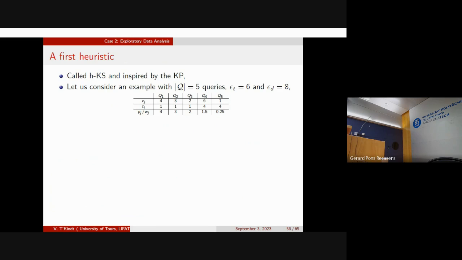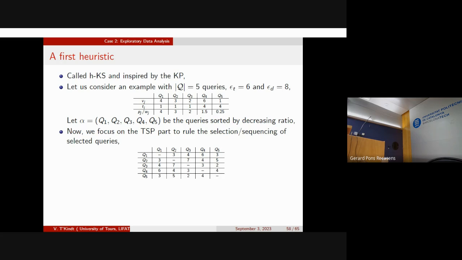It's wrong here on the slide. I take the one with the largest ratio and select the corresponding query. Then I take the second highest ratio, Q2, and process it. So you see what I do: I sort my queries by decreasing value of the ratio, and I start.